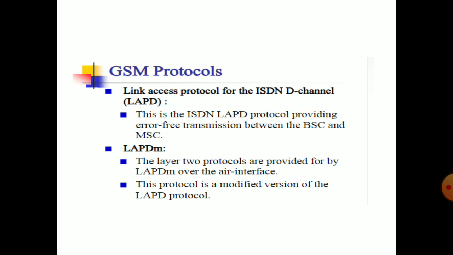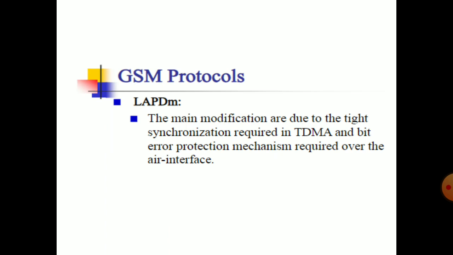Also, LAPDm is provided over the air interface. It is a modified version. The main modification is due to the tight synchronization required in TDMA, and a bit error protection mechanism is also required.